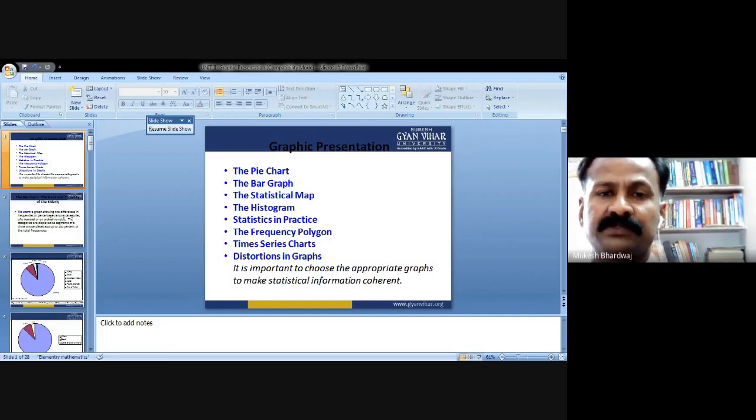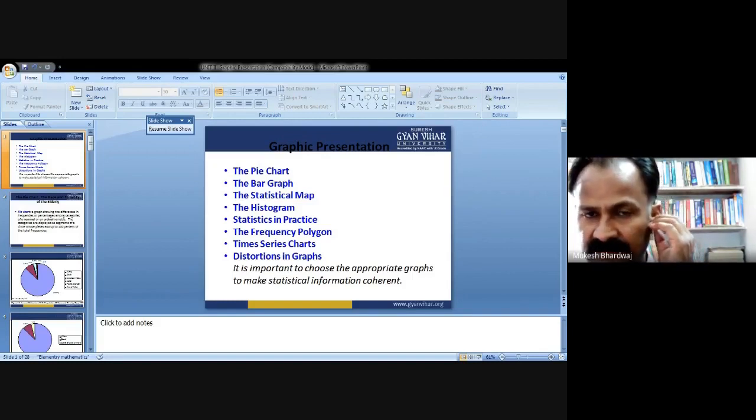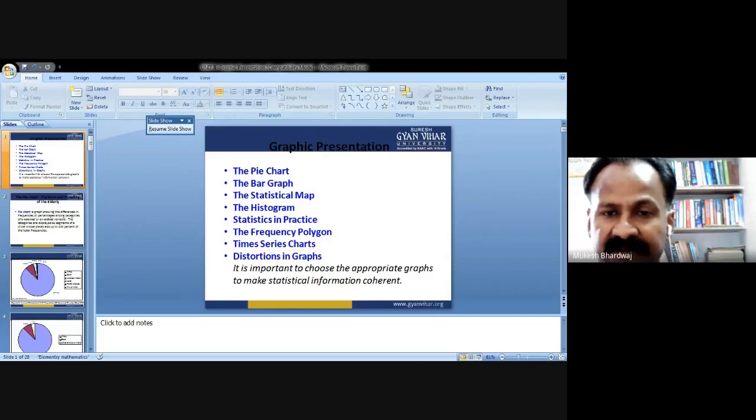Now the next one is the frequency polygon. Frequency polygon is a graph showing the difference in frequency or percentage among categories of an interval ratio variable. Points representing the frequency of each category are placed above the midpoint of the category and are joined by a straight line. So the frequency polygon is a method of representing the data under the graph category, not the diagram category.